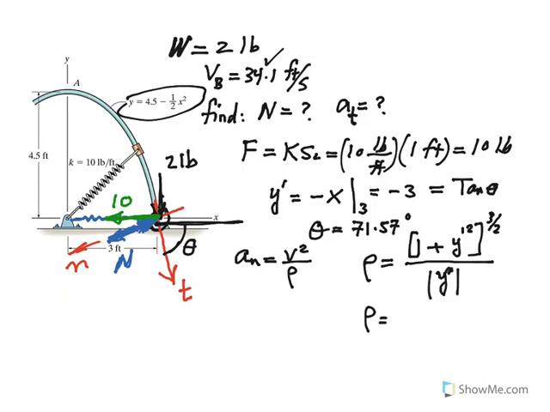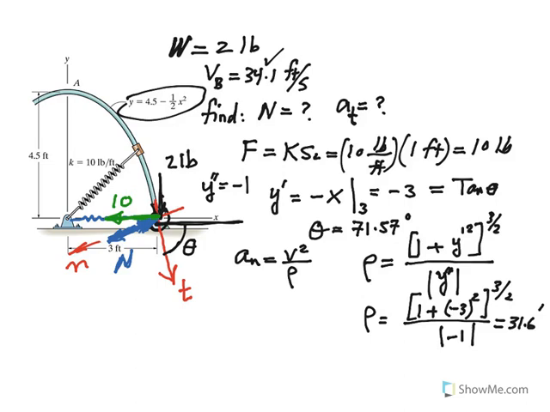If you plug in, remember y prime was -3, squared, raised to power 3/2, and y double prime is just -1. If you solve for rho, it comes out to be about 31.6 feet.